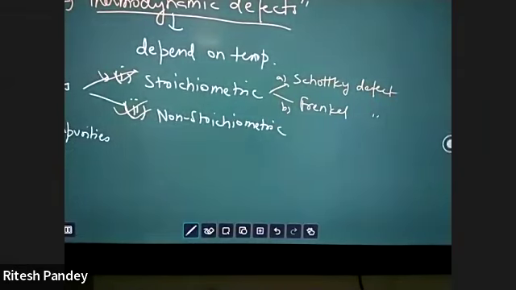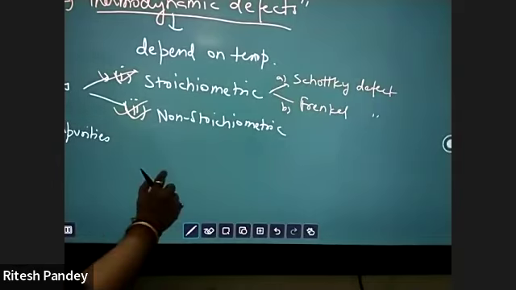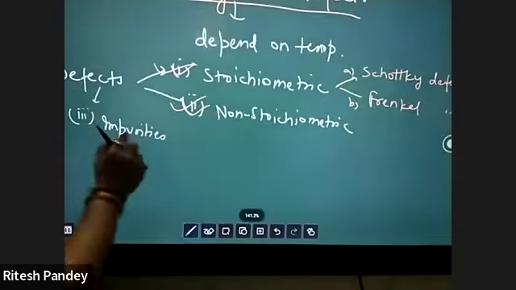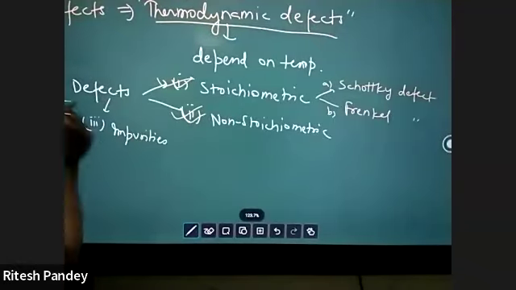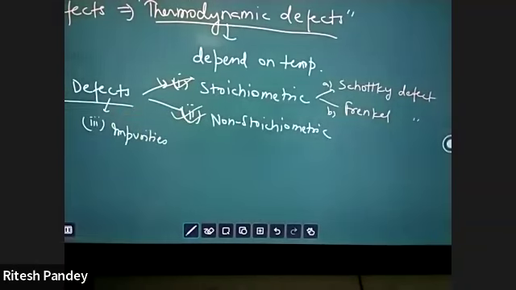At any point of time, if there is a problem, you'll want to let me know. The most common type of defects are point defects. Stoichiometric defects are those where despite the defect or imperfection, the stoichiometry of the molecule is not disturbed.